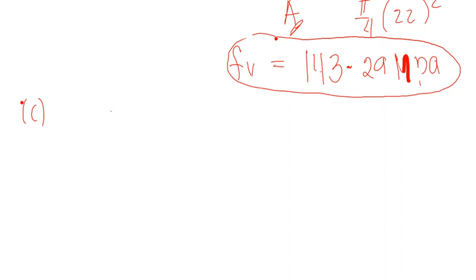So, for example, pare-parehas yung distances ng bolts natin. So, pare-parehas lang sila na i-consider natin. So, pag kinonsider natin yung isang bolt, for example, so pag hindi pare-parehas yung distances, yung pinaka-critical is yung pinakamalayong bolts kasi yun yung unang mag-fail or yung farthest na bolt doon sa ating centroid.